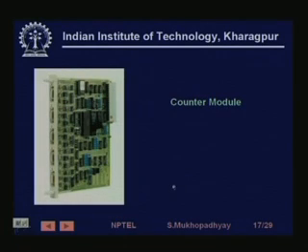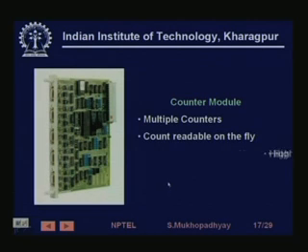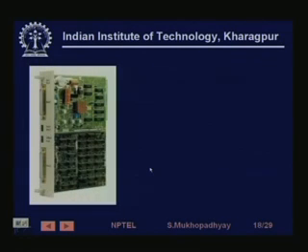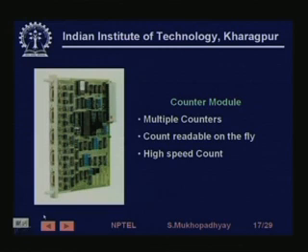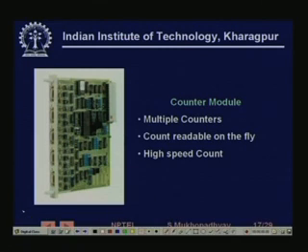This is another picture, a counter module. You can't make out much from the picture, but you can see, for example, that this module contains I think 5 counters. The count values have to be read on the bus, and then event signals also have to be read.